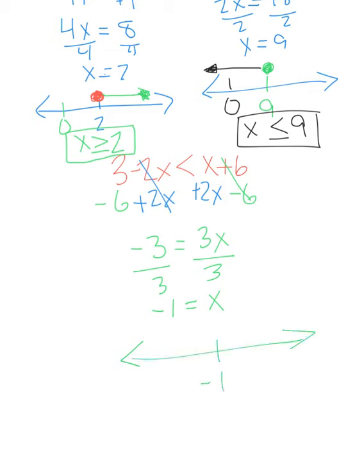With this one, it actually is a less than but not equal to, which means I have an open dot. And then I try a number on one side or the other in the inequality. So when I say in the inequality, I go back to this.